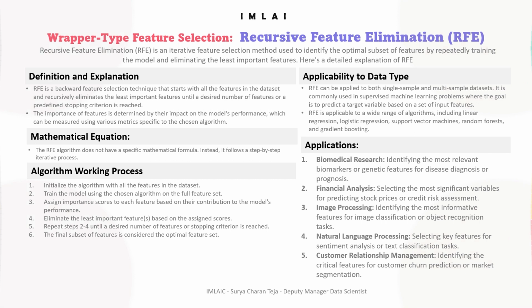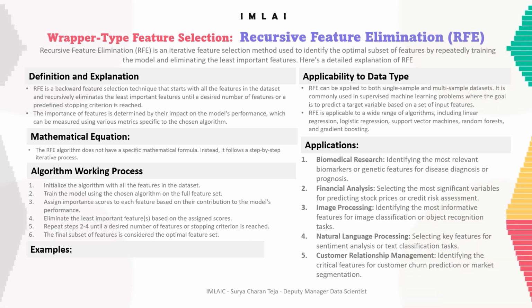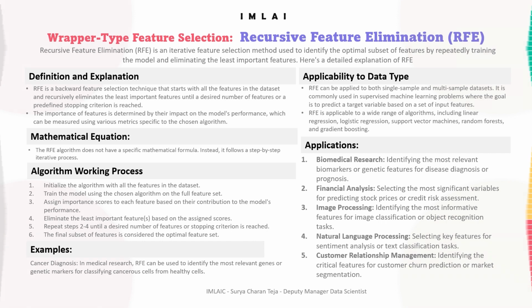So now let's move on and see some real world examples where we can apply this algorithm to do the feature selection. Let's begin with cancer diagnosis. In medical research, RFE can be used to identify the most relevant genes or genetic markers for classifying cancerous cells from healthy cells.